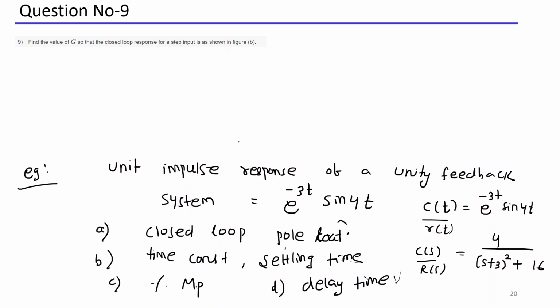Pole location means, since C of S is given as such, you just take the denominator, S plus 3 whole square plus 16 equal to 0. So S is minus 3 plus minus J4. These are the two pole locations.